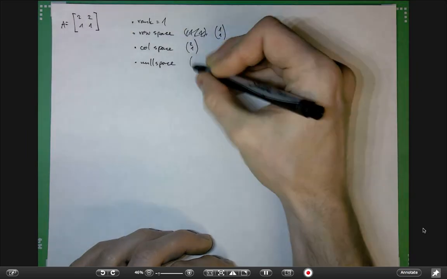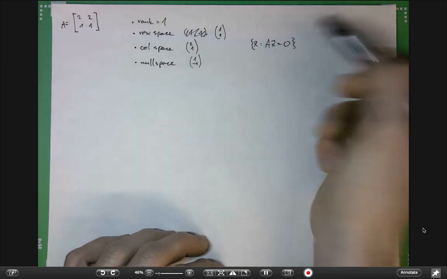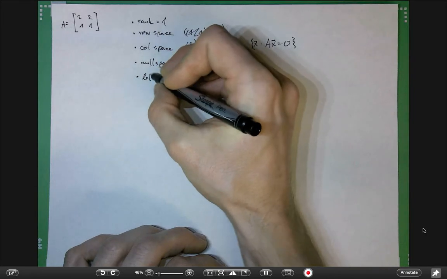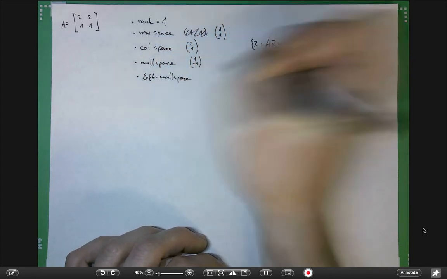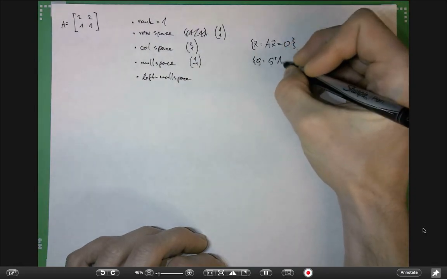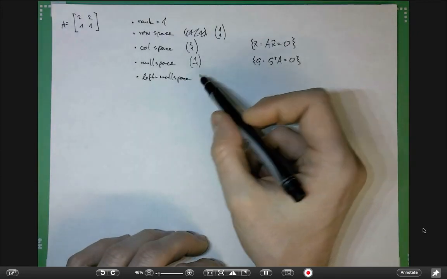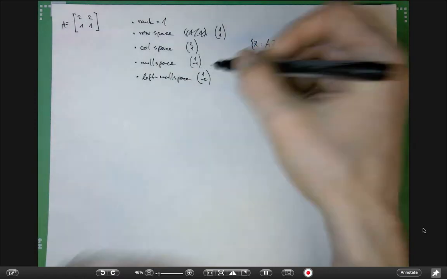And that's also the basis for the null space, because if I multiply it by whatever, then this is still true. And the left null space, I think that's what you were saying before. So left null space means all y such that y^T A is 0. That's right, yes. 1, -2, or could as well be -1 and 2.